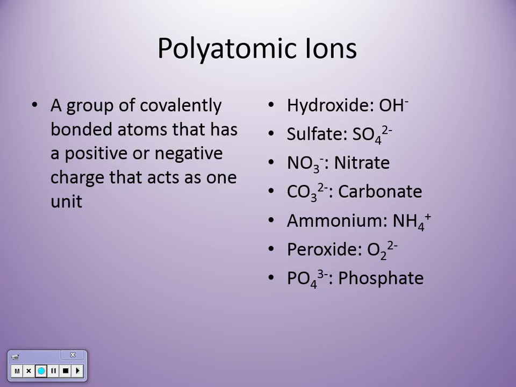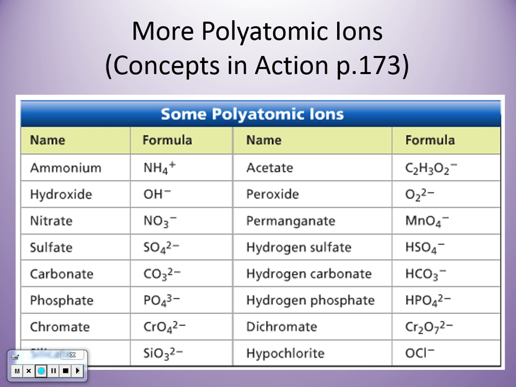I'm trying to show you that idea with those brackets, that those atoms are joined together. They act as a unit, but they have a charge. And so we have to represent them as a unit, as a group, when they enter into these compounds. So here's a group of polyatomic ions.